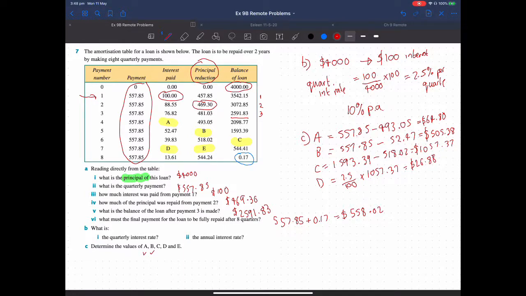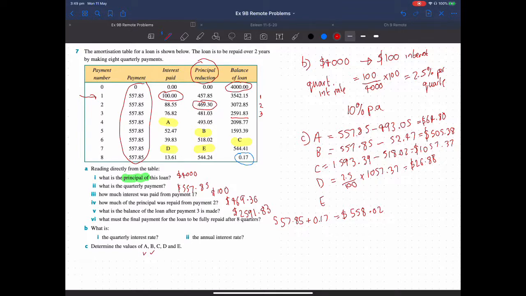This brings me to the last number. We want to work out E. We have just worked out D. When we worked out A, we saw a relationship that the principal reduction was equal to the payment minus the interest paid.